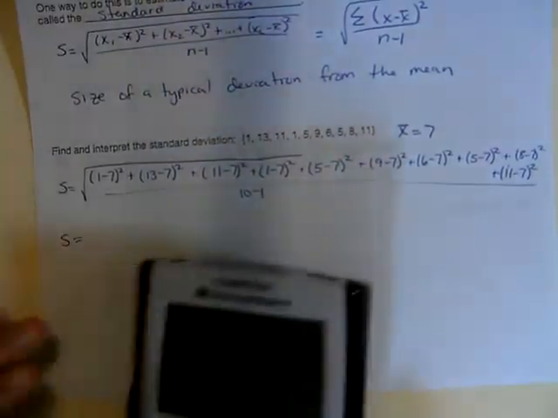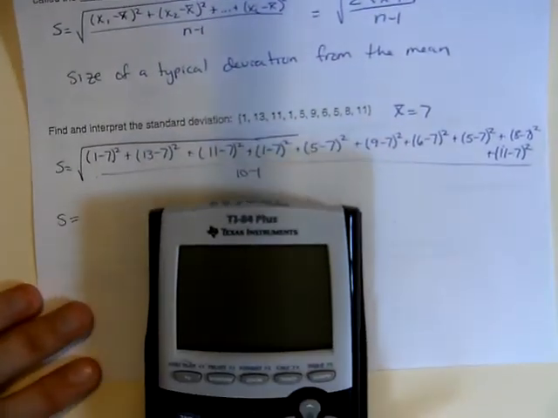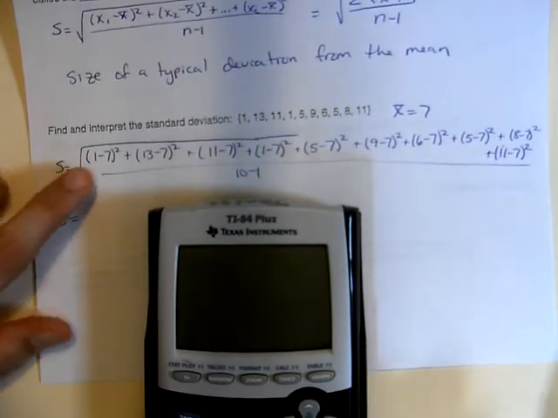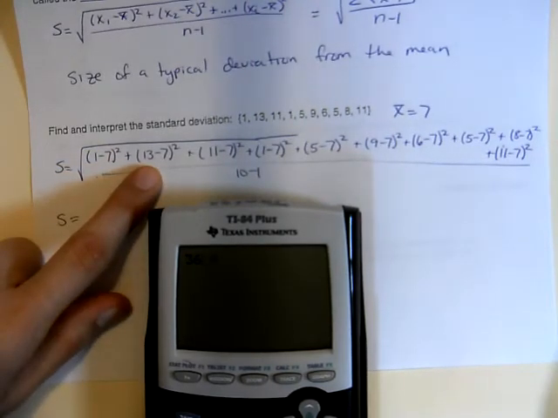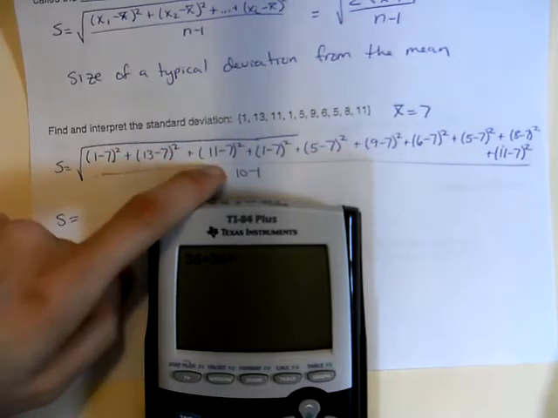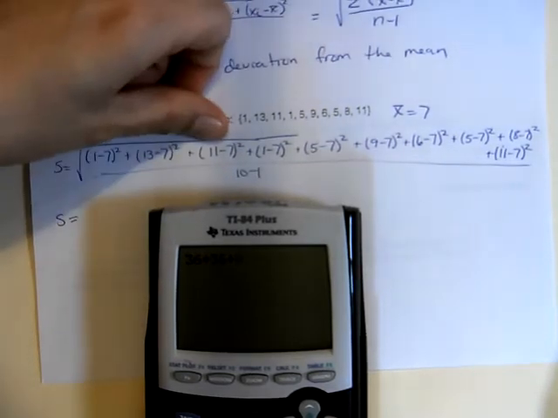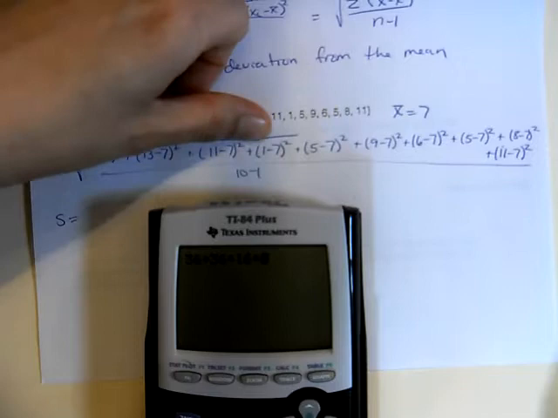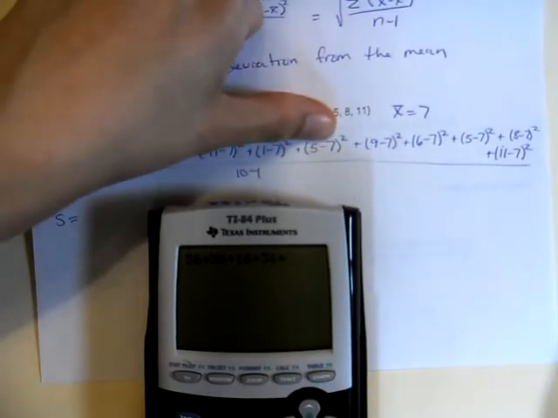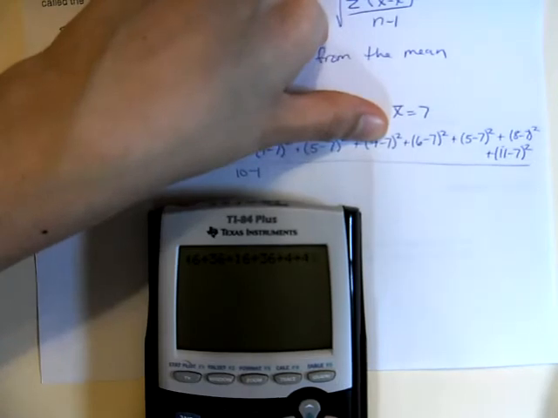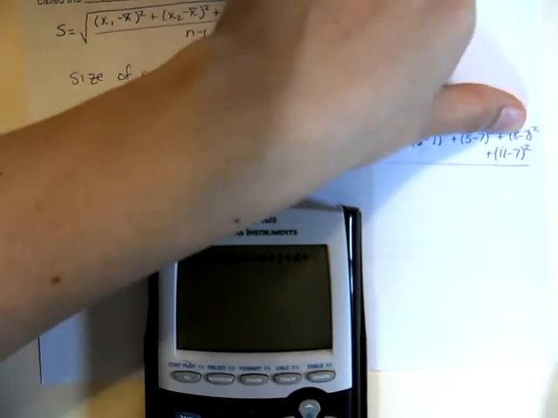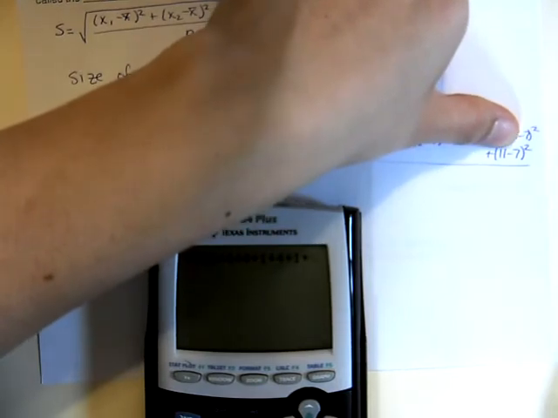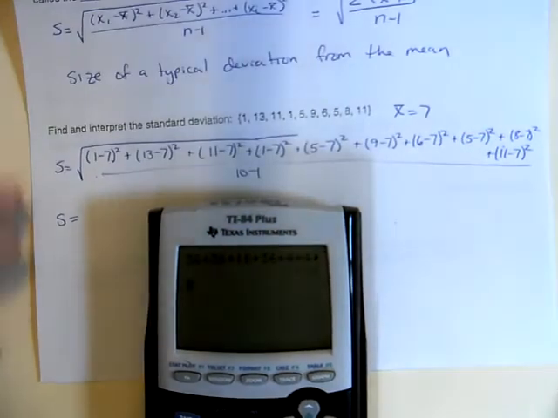I'm going to do this in my head a little bit. So I have 36, 16, 36, 4, 4, 1, 4, 1, 16.